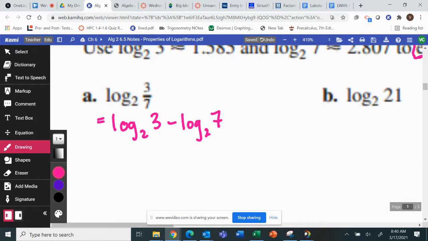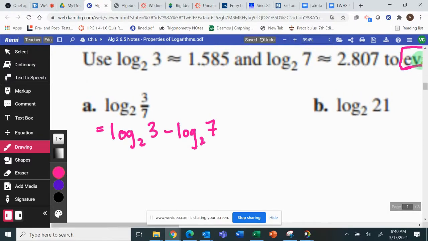Now, in the directions, it tells me log base 2 of 3 is 1.585, and log base 2 of 7 is 2.807. So we could subtract those and find an answer. You could do it without a calculator, but I don't want to waste a ton of time.